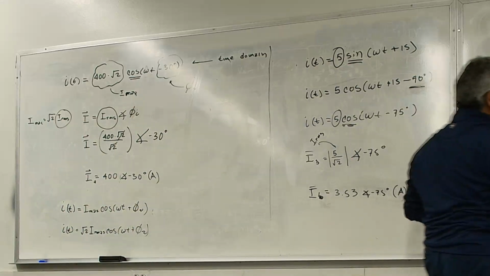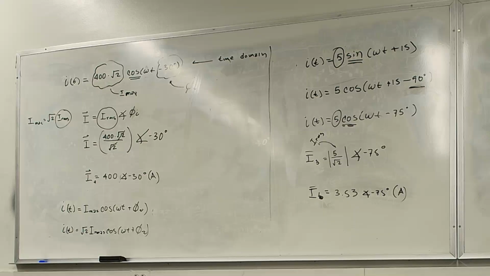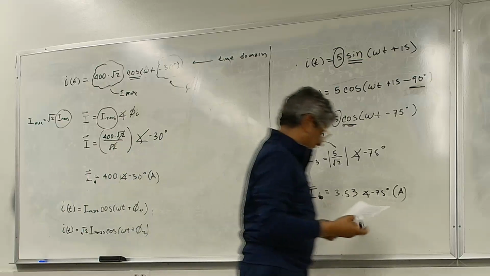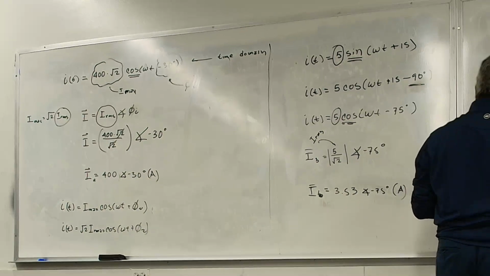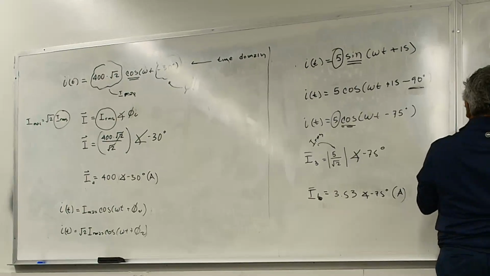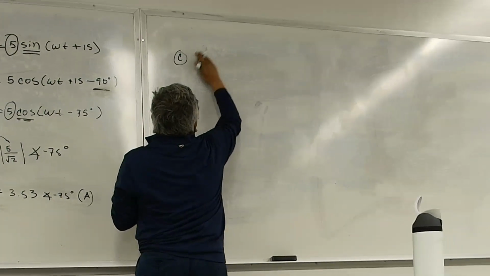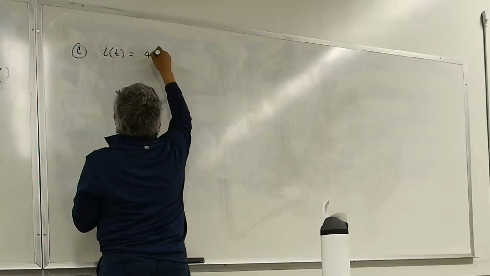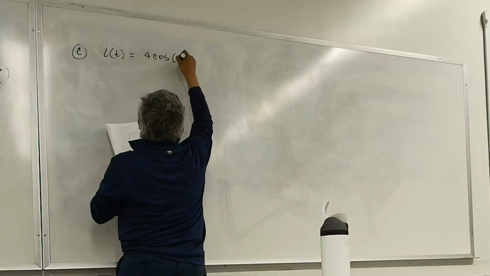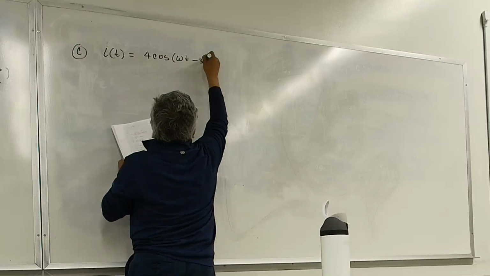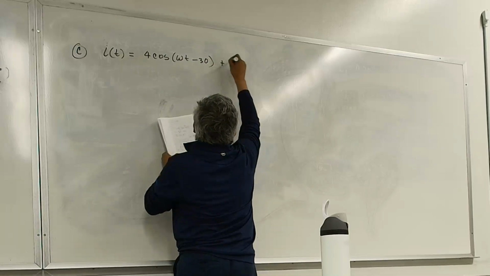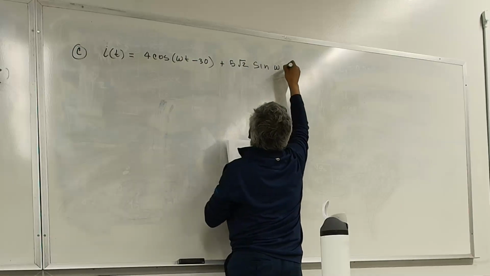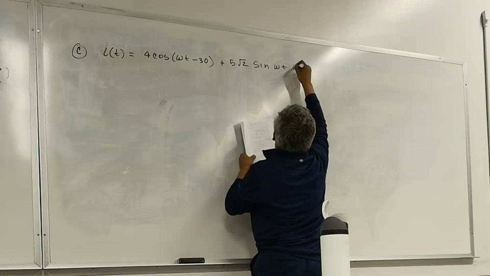Again, I just want you to know that I won't give you anything like this on the test. If I give you a signal, it will be in this form or in this form. But I of t is equal to 4 cosine omega t minus 30 plus 5 square root of 2 sine omega t plus 15.